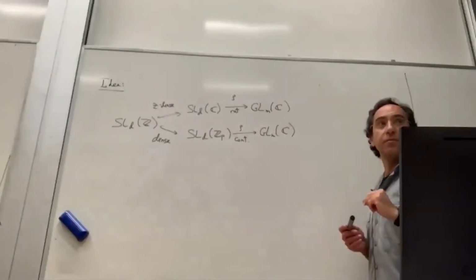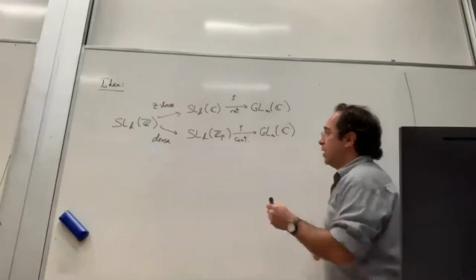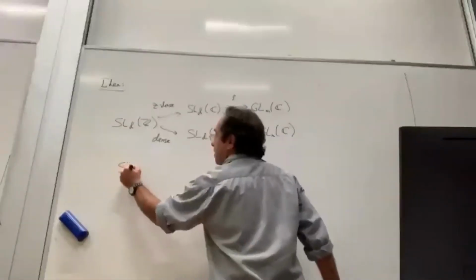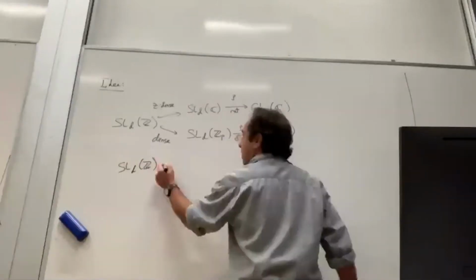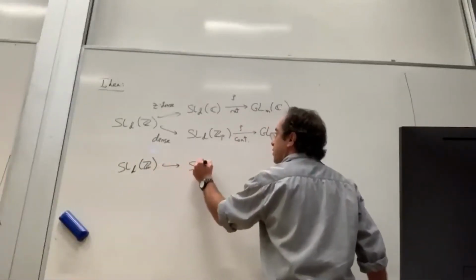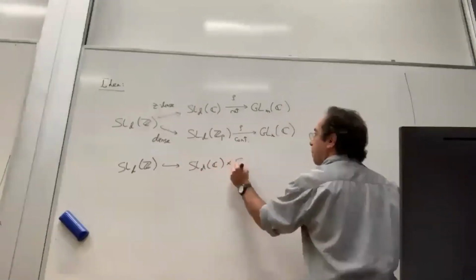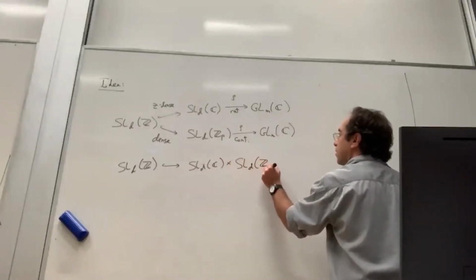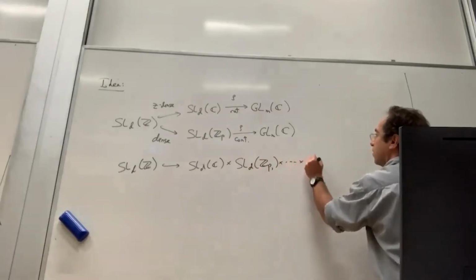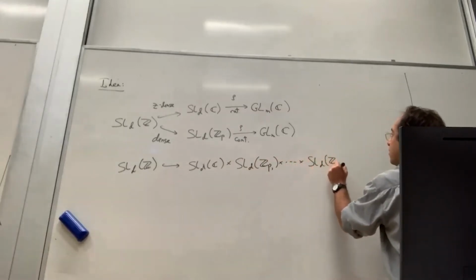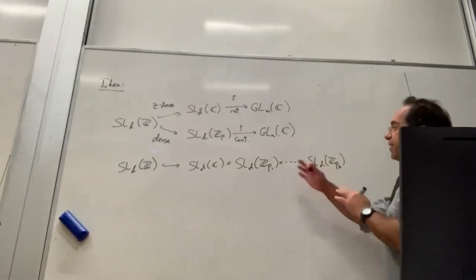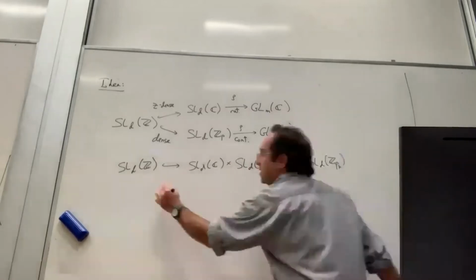But you can do even better, because SL_d(Z) embeds densely in products of these groups, for any finite number, if we embed it diagonally.